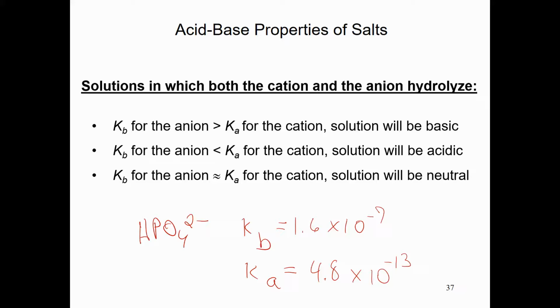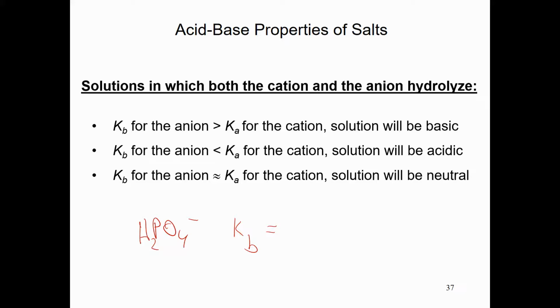So let's take an example here. H2PO4 minus. The Kb for H2PO4 minus is 1.3 times 10 to the negative 12, and the Ka for H2PO4 minus is 6.2 times 10 to the negative 8.